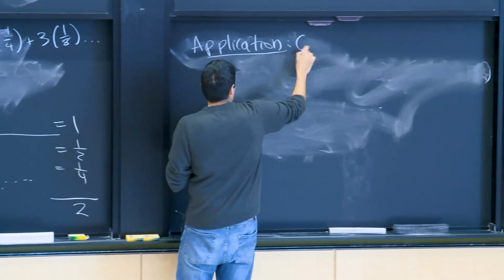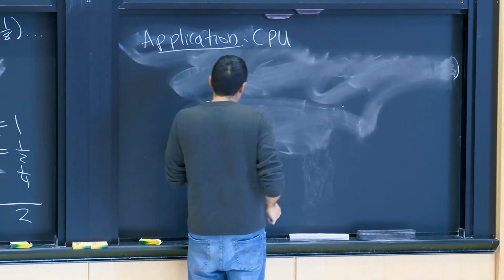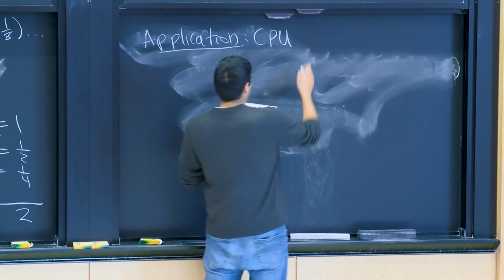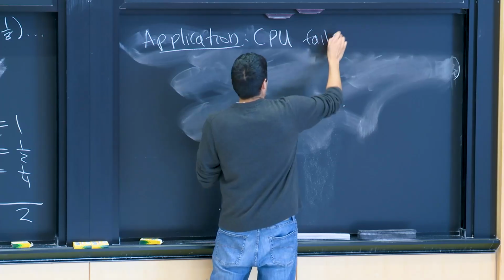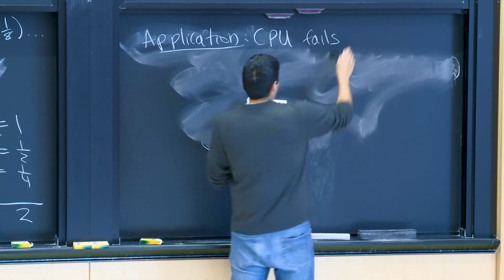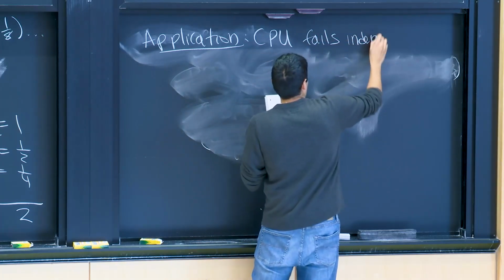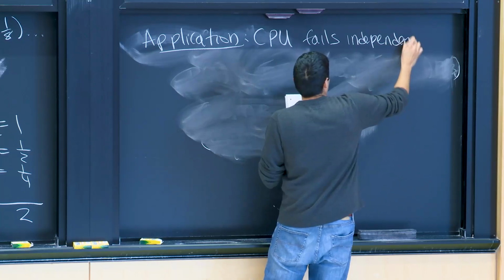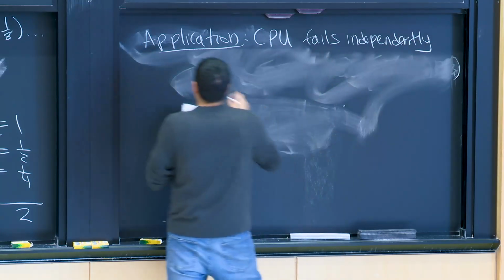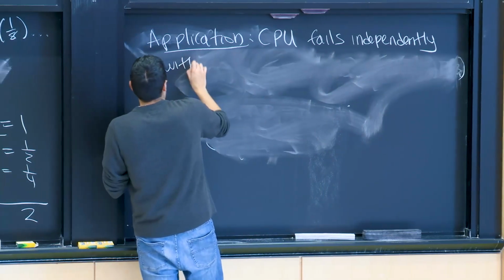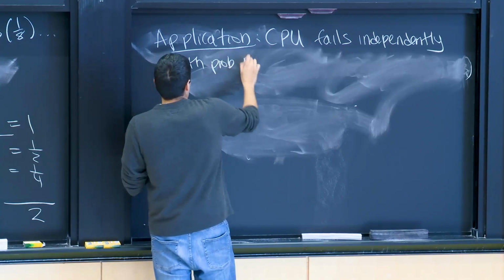Imagine we've got some computer as a part of some giant computing system. And it's not a perfect computer, and it fails independently on each day with some probability p.